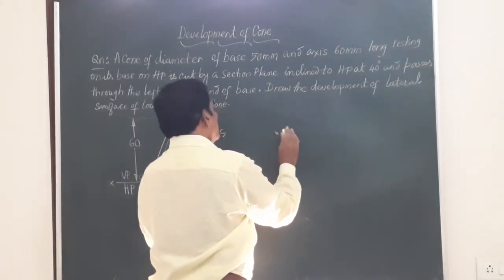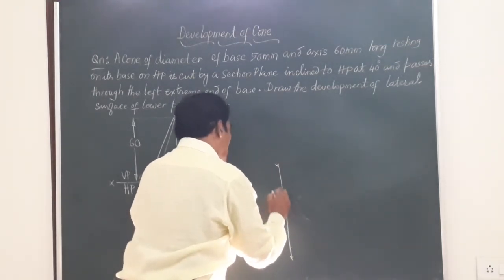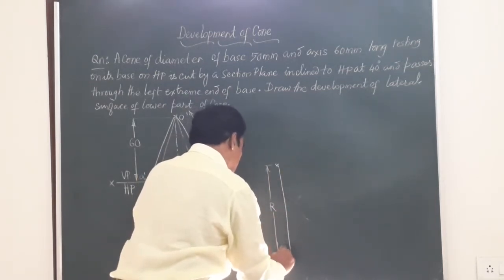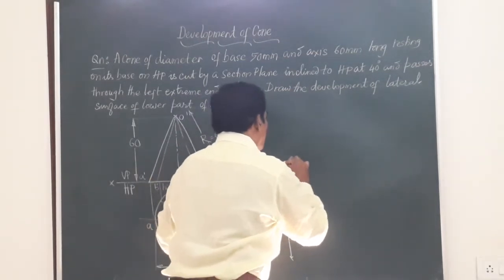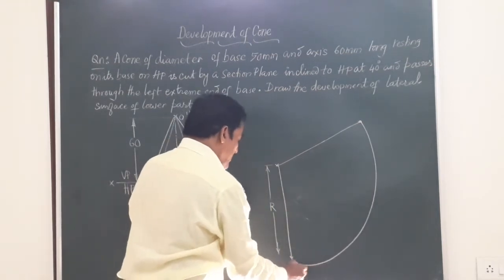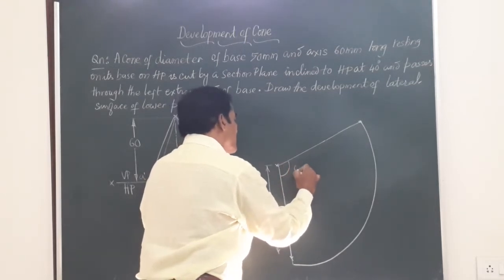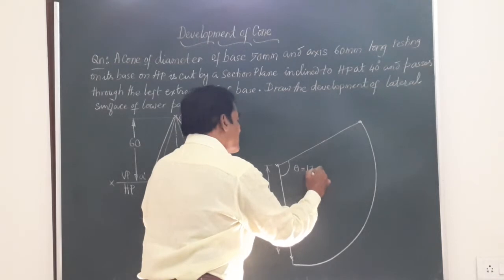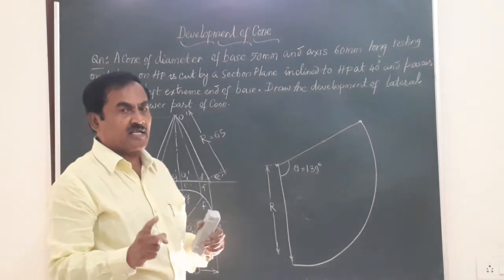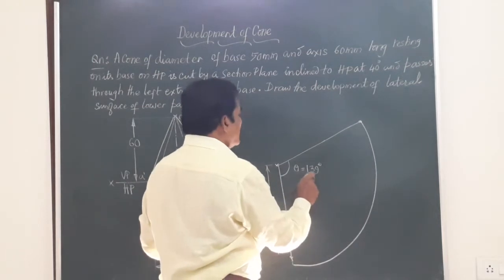Here I just write a line of length R, which indicates the true length of the end generator, the slant generator, and mark another line of length again R. This angle is called the subtended angle, theta, which is equal to 139 degrees, obtained using the formula theta is equal to small r by capital R into 360. That works out to 139 degrees.